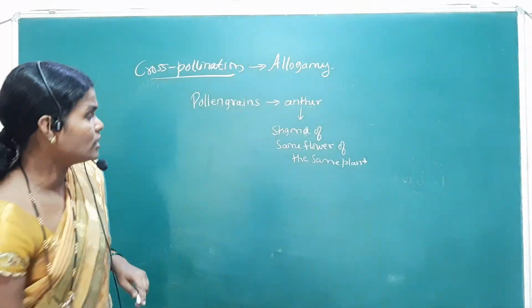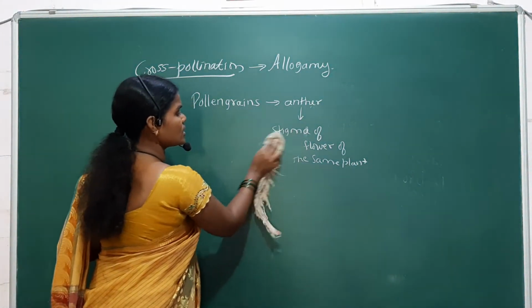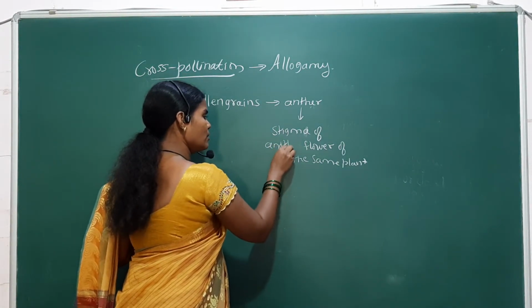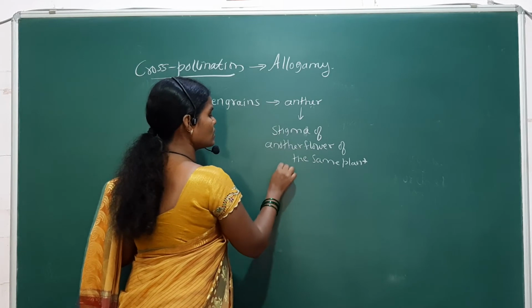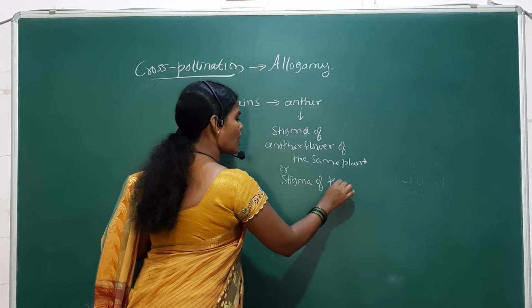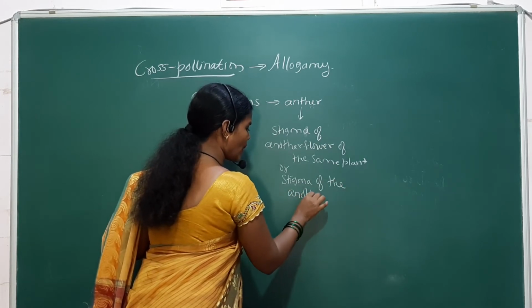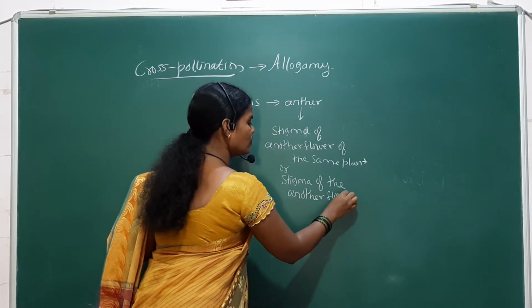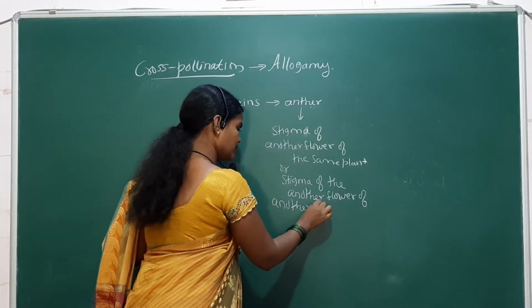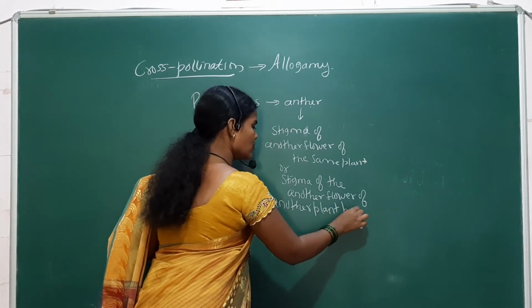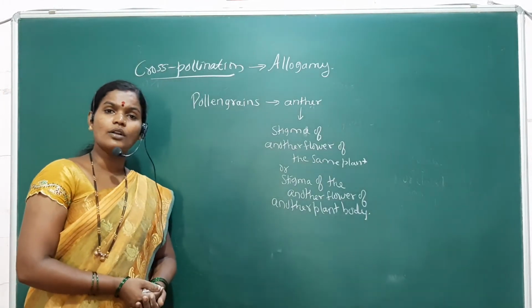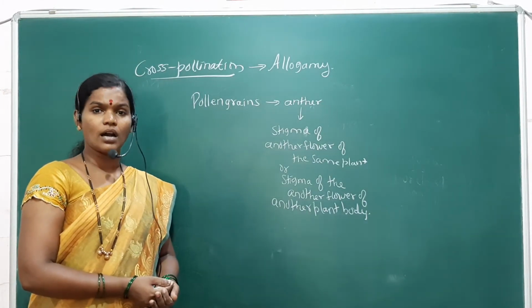Stigma of the another flower of the same plant body, or stigma of another flower of another plant body. So this is the definition of cross-pollination. Cross-pollination is also called as allogamy.